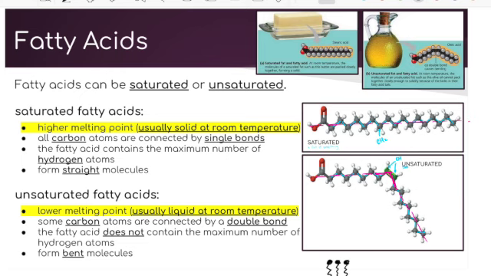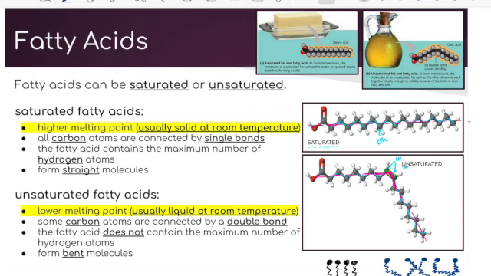They're able to pack together very closely. But an unsaturated fatty acid, on the other hand, is not able to stick together so well because it bends away. And so there's going to be this extra space needed as you put more of them together, right?